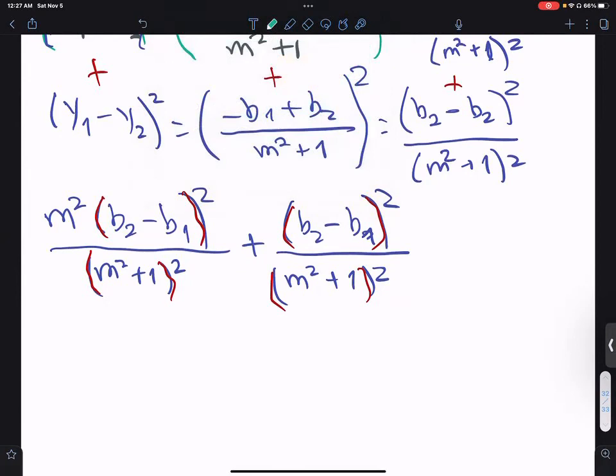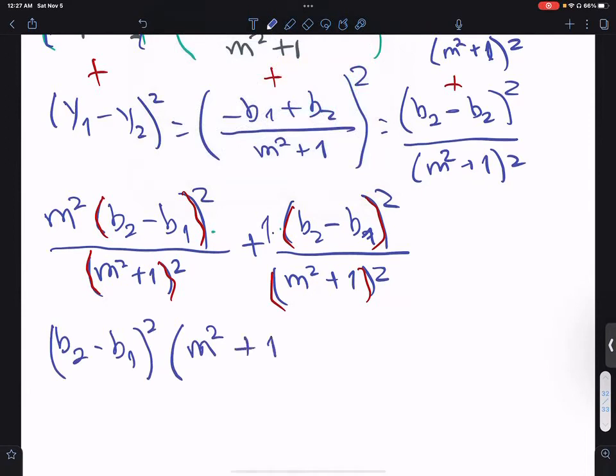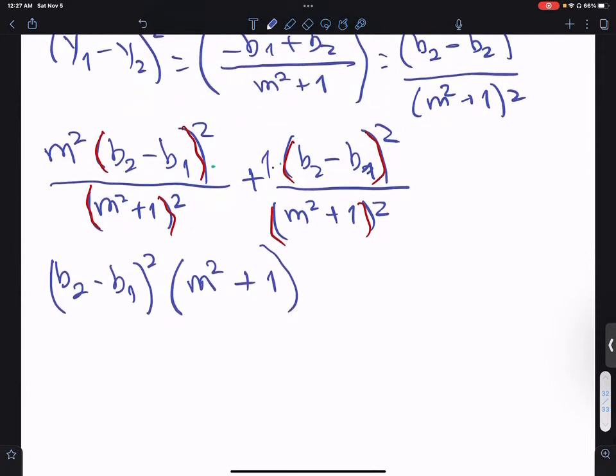Now we can factor things here. I can factor out these two. I'm going to rewrite it outside. It's going to be b2 minus b1 to the second power, multiplying m squared plus 1, m squared here, and there's a 1 here, plus 1, divided by the whole denominator, which is going to be m squared plus 1 squared.